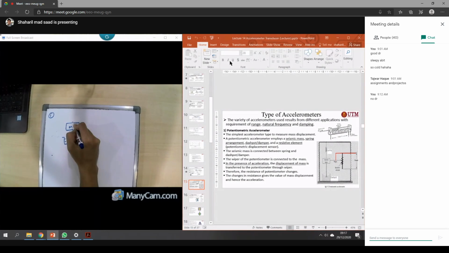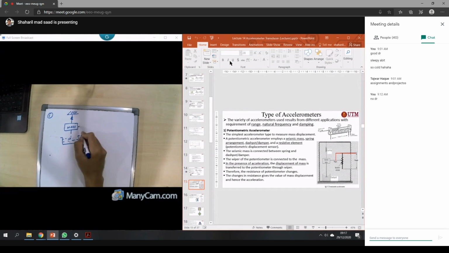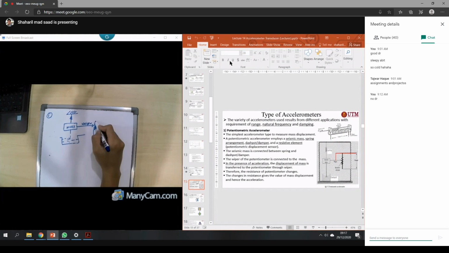Then you will have some spring here. This is your rigid body, and then you will have a wiper here. This is the wiper, and then it will have what we call a variable resistor here.